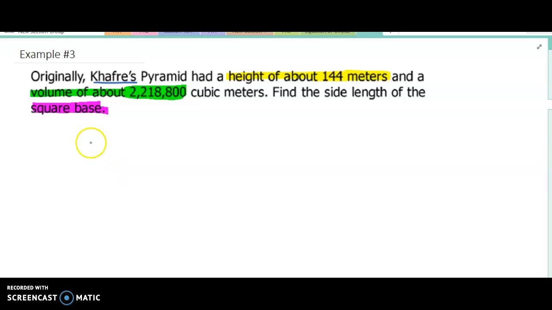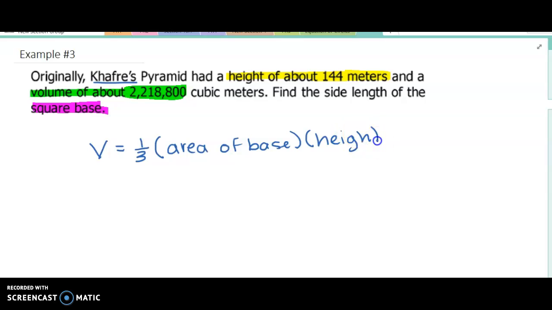Okay, so let's set up this equation. All right, so we know that the volume equals 1/3 times the area of the base times the height.